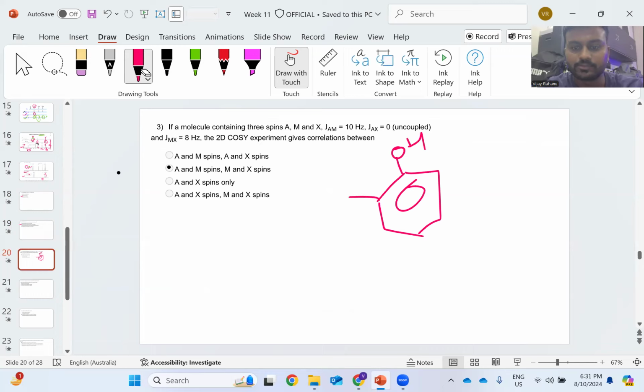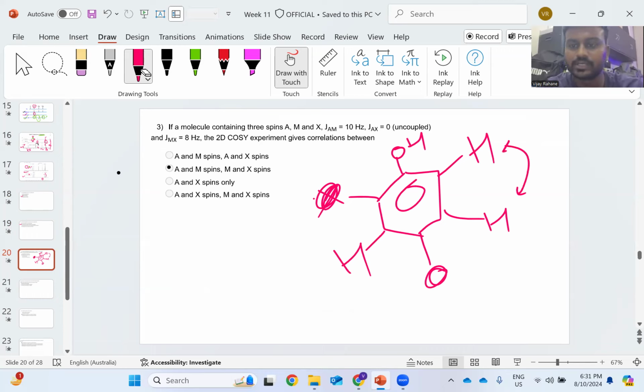And here is one substitution, let's say any X substitution or just any substitution, right? Here also any substitution. And this is one hydrogen, this is another hydrogen, and this is the third hydrogen. So for JAM, there is coupling with a coupling constant of about 10 hertz, right?